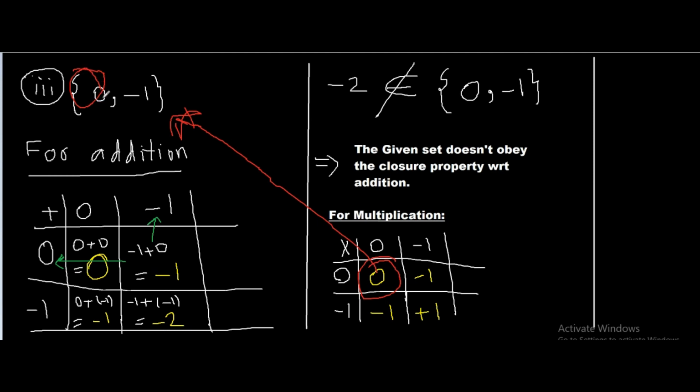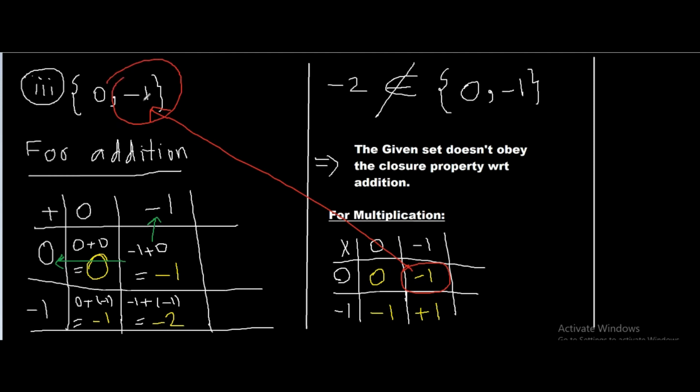Therefore, there is no problem. So still the set is obeying the closure property of multiplication. Now for the next result, this is -1. Let's check this -1 in the given set. Yes, it is also included in the given set. -1 is included here. So still the set is obeying the closure property of multiplication.